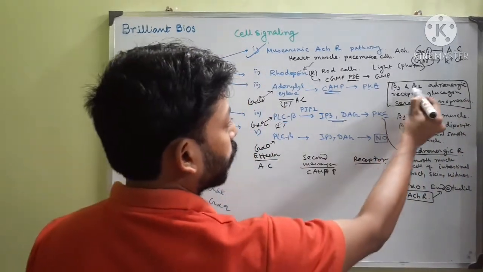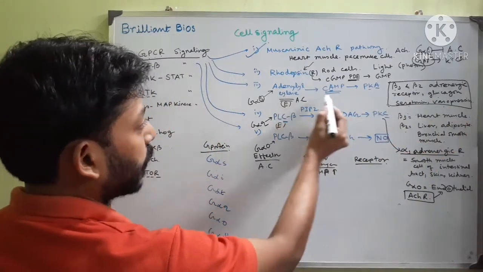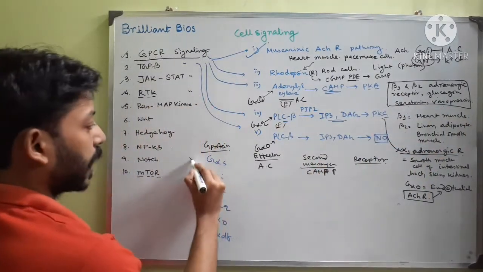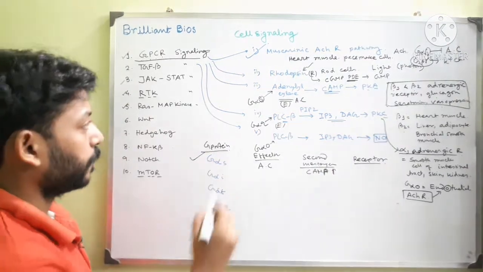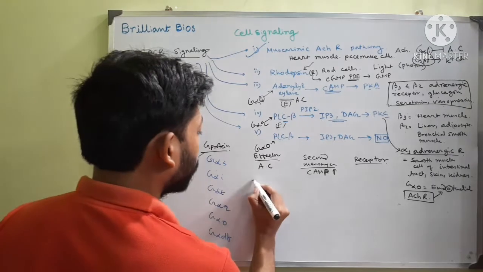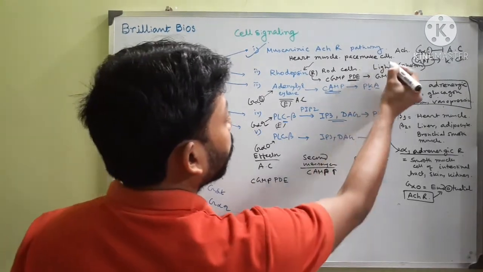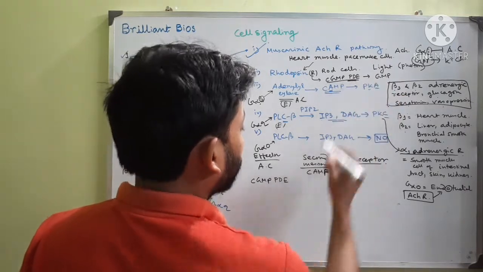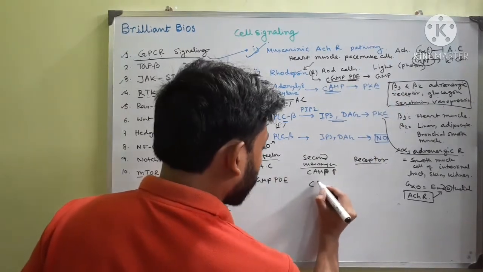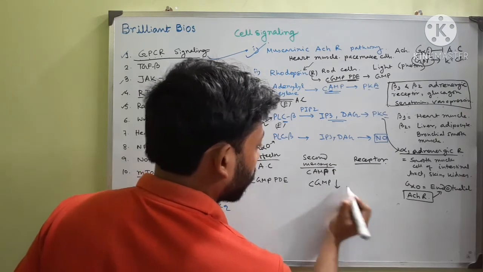You can see beta 1, beta 2, glucagon, serotonin and vasopressin. I have mentioned here adenylyl cyclase, cAMP and PKA. Here this G alpha stimulatory protein works. You can see here, G alpha I actually activates the cGMP phosphodiesterase enzyme. I have mentioned here, and it actually reduces the cGMP. That is the main theory.